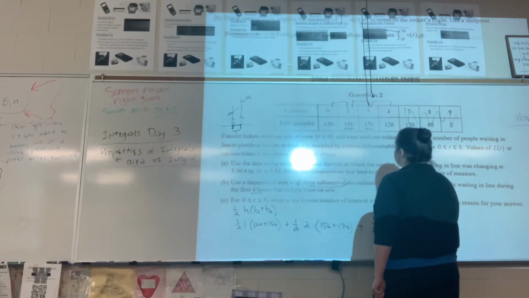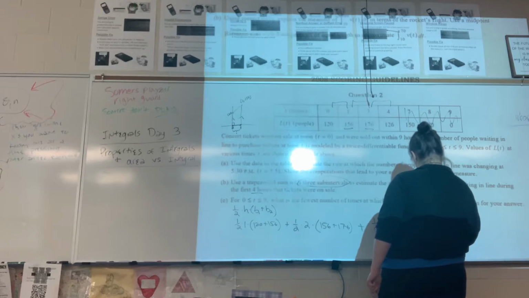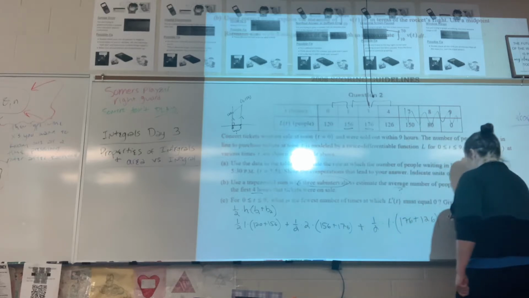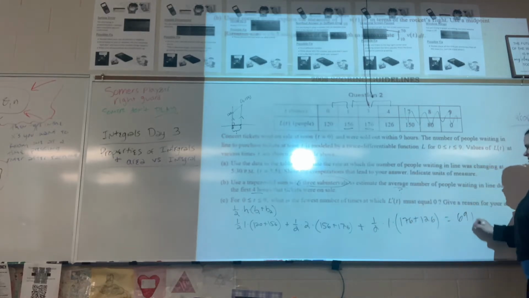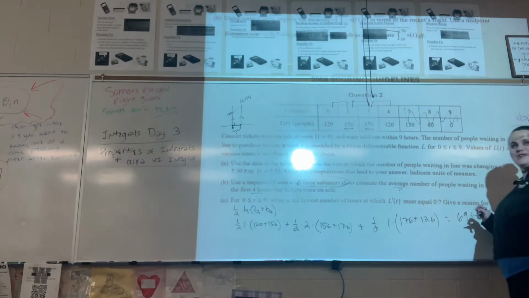Plus 1/2 times 1 times 176 plus 126. I did this problem last class. I think it ends up being 691. Is that what you guys got? Anyone on your papers? Because that's from memory. I got 621. Ah, close. That was close.